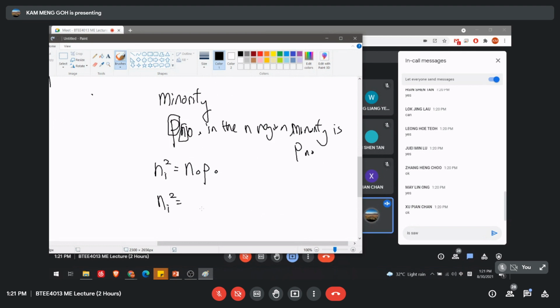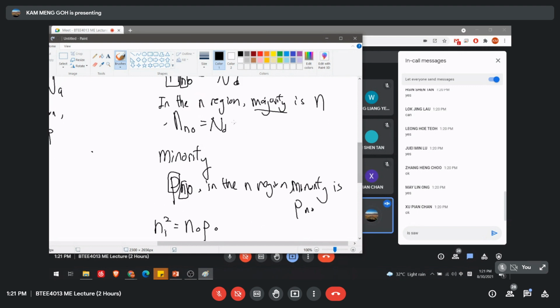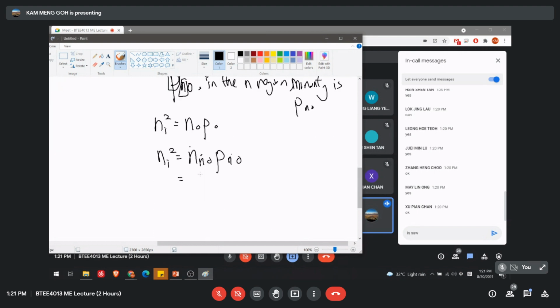Ni squared equals NNO times PNO, majority times minority in the N region. Since NNO we originally denoted as ND, we put ND here. So PNO equals ni squared over ND. Can you understand this part, okay or not okay?